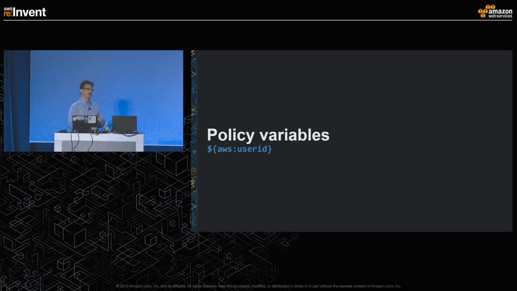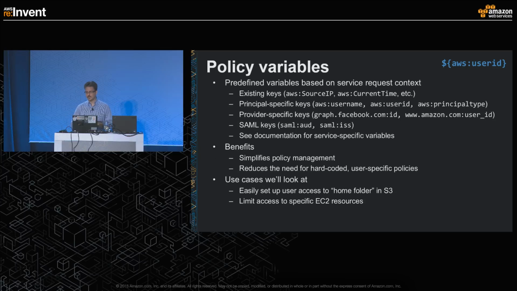Policy variables. We introduced policy variables a couple years ago, and they really are lifesavers in terms of creating tighter, smaller policies. Before policy variables, you had to create policies and put static strings in there, and if you wanted one for Bob and one for Sally, you had to create a copy of it and maintain them separately. So you really want to start using variables if you're not using them already.